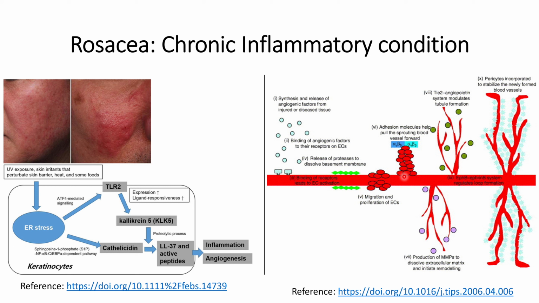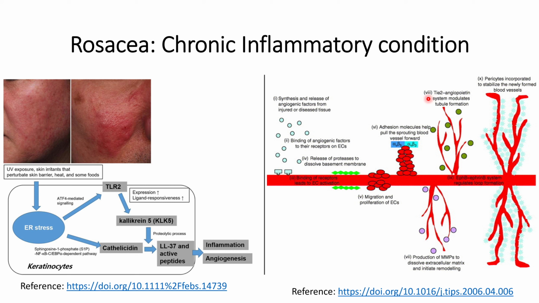That will finally lead to a sprout of blood vessel being formed, and after that the matrix metalloprotease production will increase to dissolve the extracellular matrix and make it into a blood vessel form.